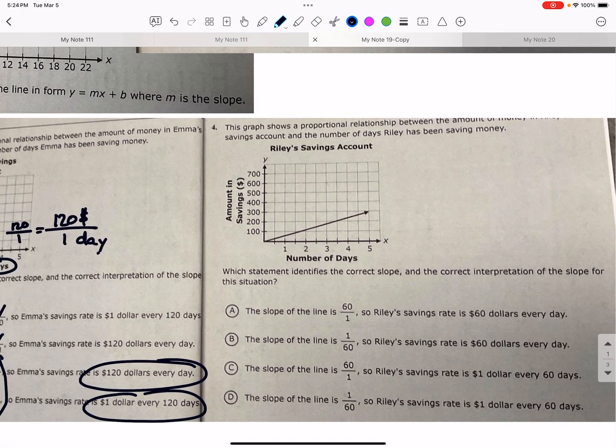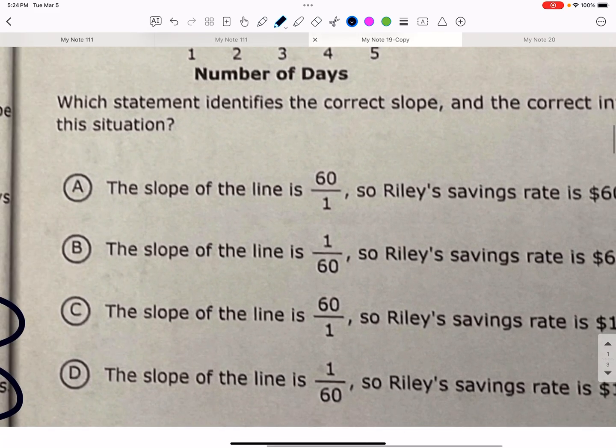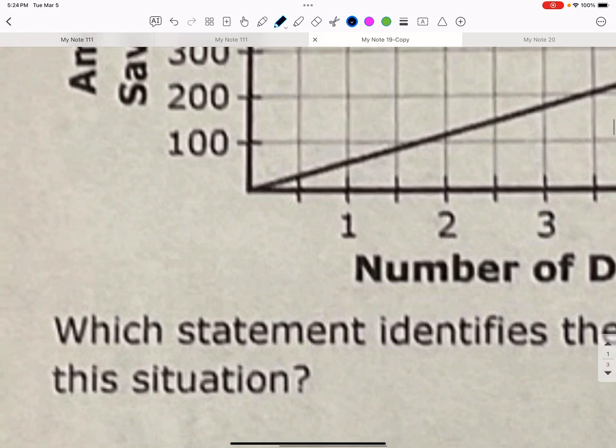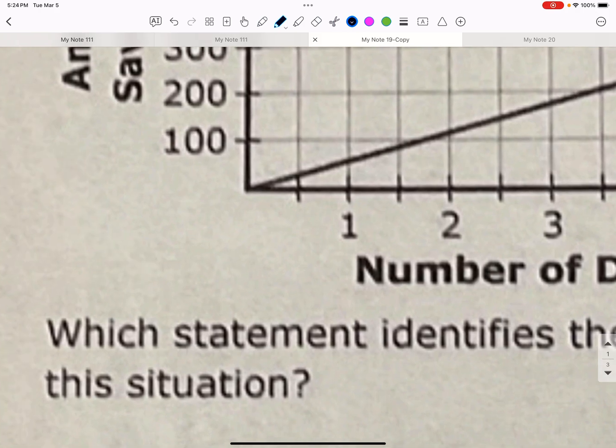All right, number 4. This one's kind of tough because it's tough to tell what is going on. Basically, we have 2 options. Are we going up 60 over 1, or are we going up 1 over 60? If I look at this, it looks like we're going up 60, a little past halfway to 100. Even though it doesn't look like it, apparently that's 60. A little more than halfway. So it's going up 60 and then it's going over 1.